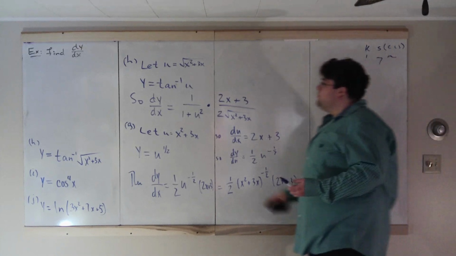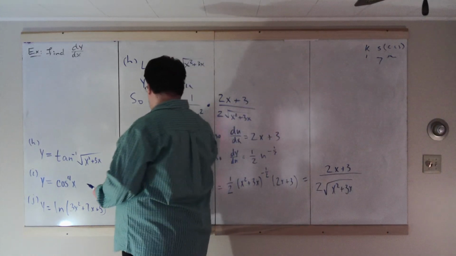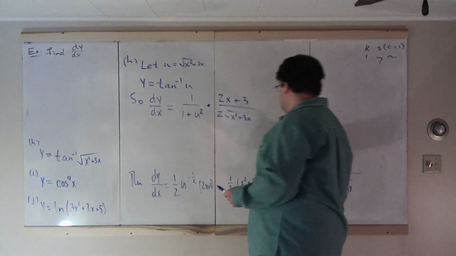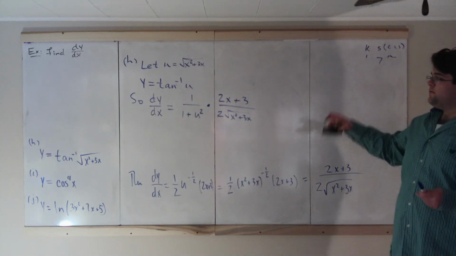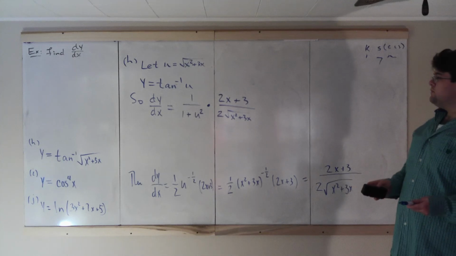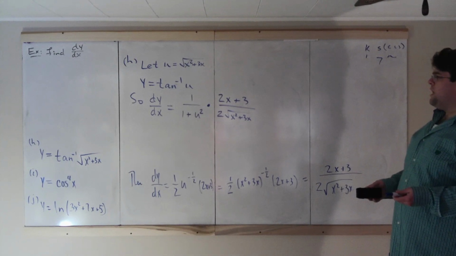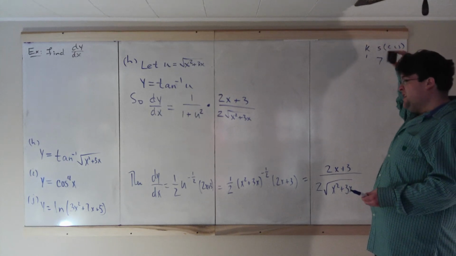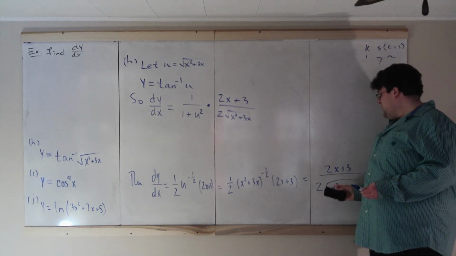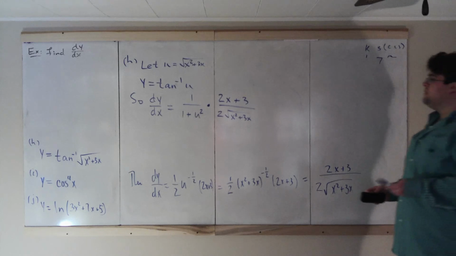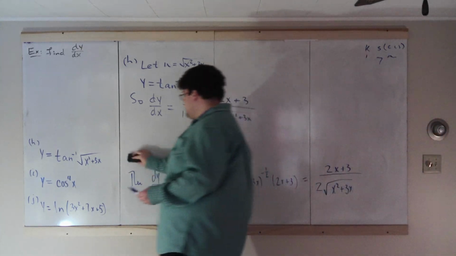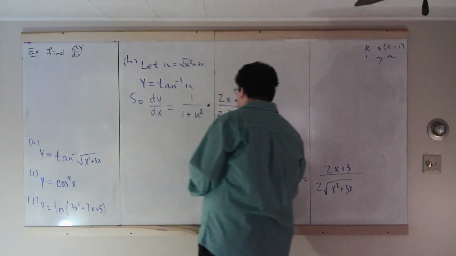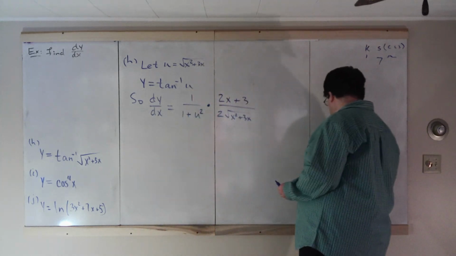So we made our u substitution. dy du, derivative of tangent inverse u, is 1 over 1 plus u squared, times du dx. Du dx, the derivative of that, we did in part G. And now we just want to get rid of u. What is u? u is root x squared plus 3x.